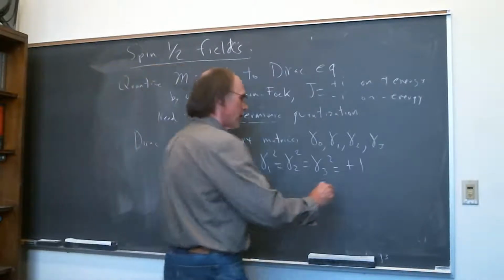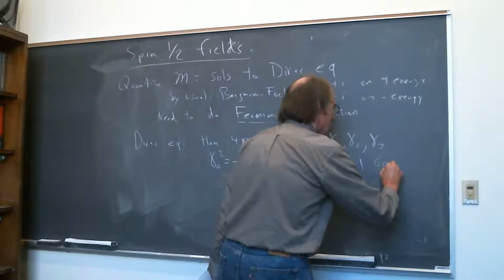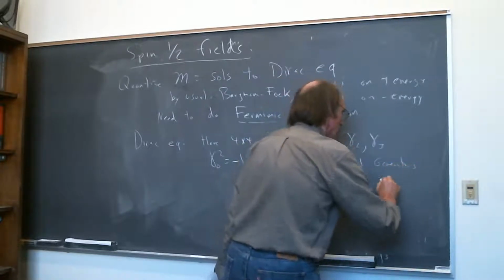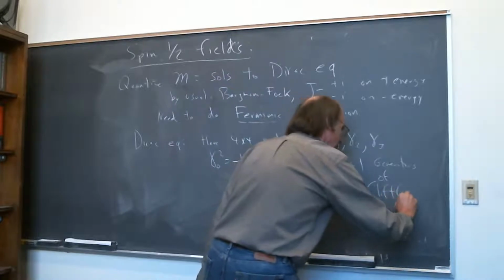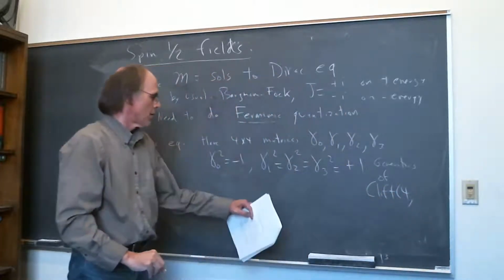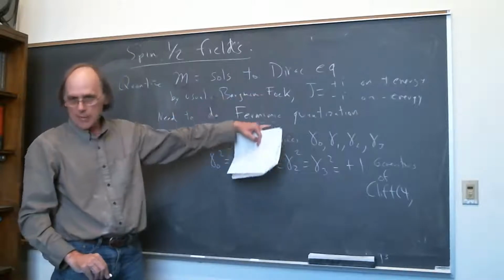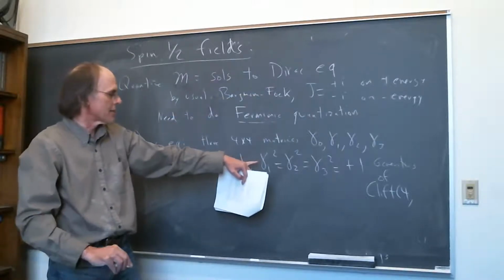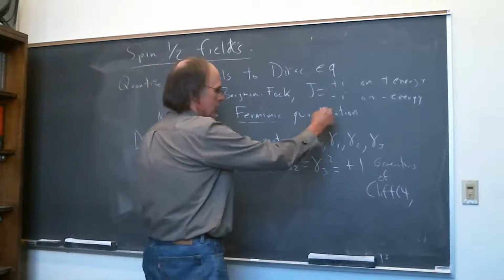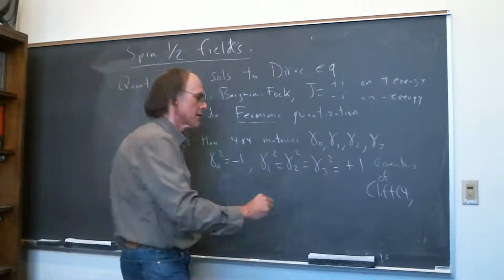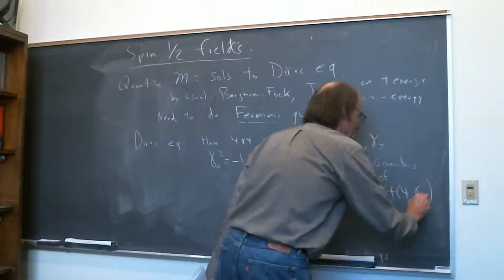So these are the generators of what I've been calling Cliff of 4. The way you generally think about this is that these are allowed to be arbitrary complex matrices. I'll say something about this condition in a minute.